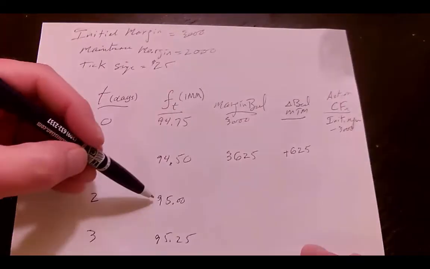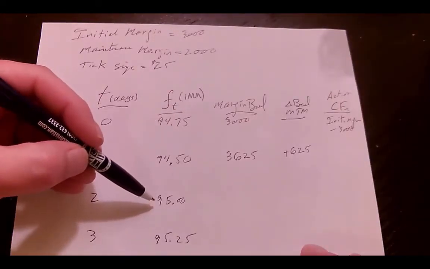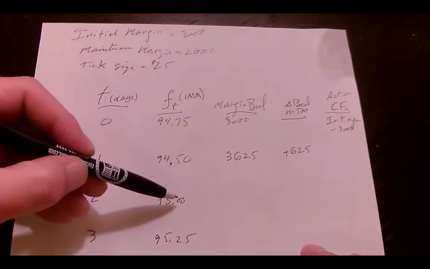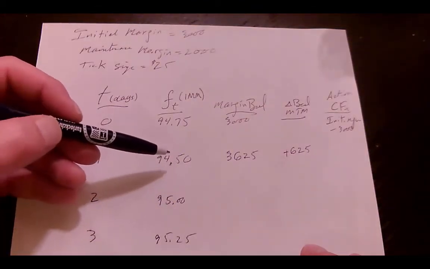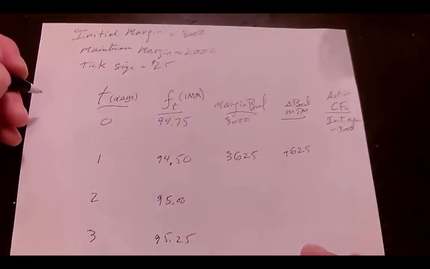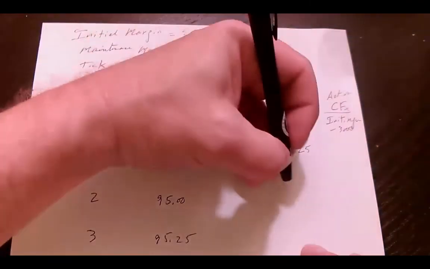Another day goes by. The settlement price at the end of trade on day 2 is $95.00. That went up. It went against us. It went up by 50 basis points from 94.50 to 95.00. So 50 basis points. 50 times 25 is 1250. So we lost 1250 there.